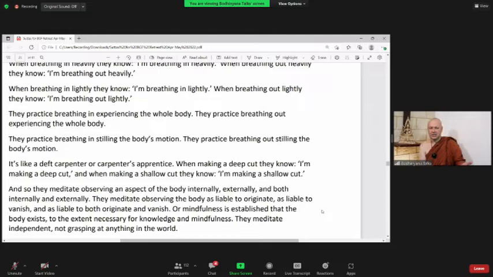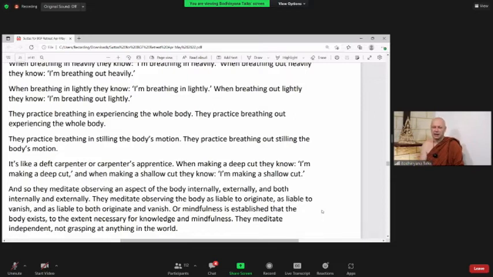You can see how this sequence is very significant. The very first part, about internal, external, and both, that it leads to samadhi, fits with how satipatthana is explained everywhere in the suttas. Everywhere in the suttas it is the seventh factor of the Noble Eightfold Path that leads to samma samadhi, that leads to the jhanas. That is exactly what we're seeing here again. So that fits very well.